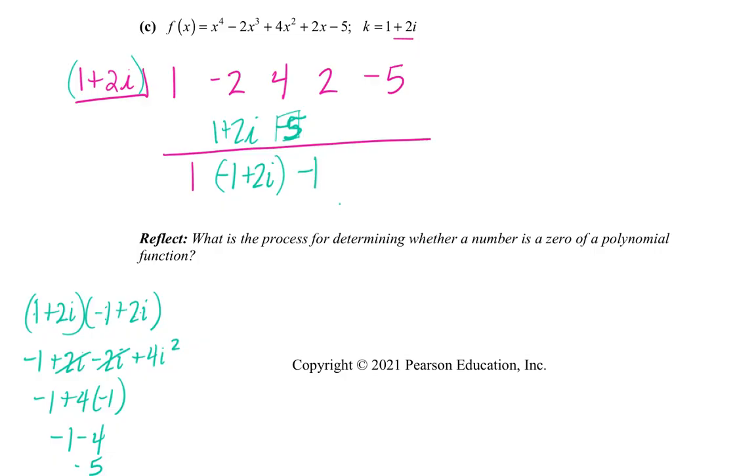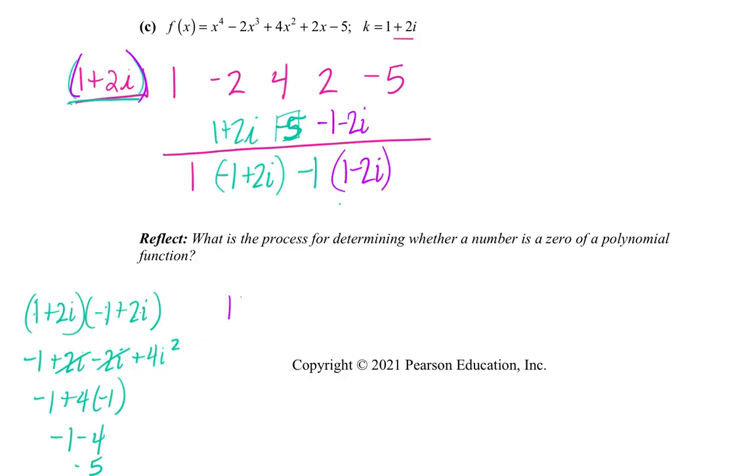Now I multiply negative 1 times this. So now I've got negative 1 times 1, so that's negative 1. And negative 1 times 2i is negative 2i. Now 2 minus 1 is 1 minus 2i. Now I've got to multiply this times this.